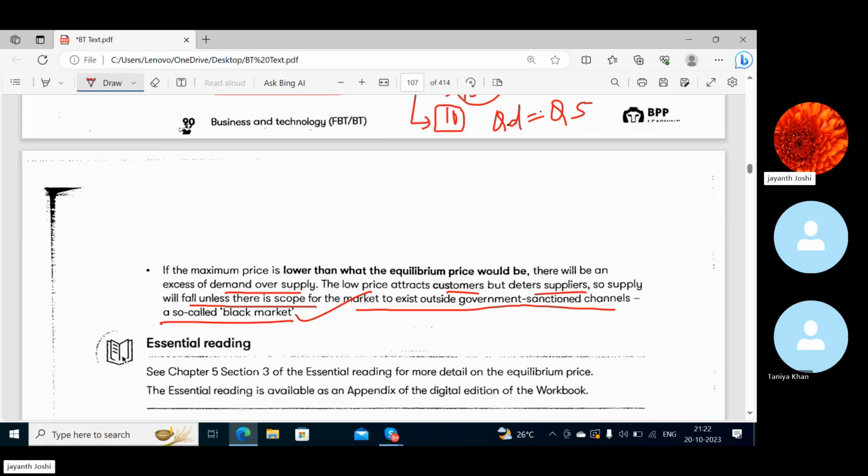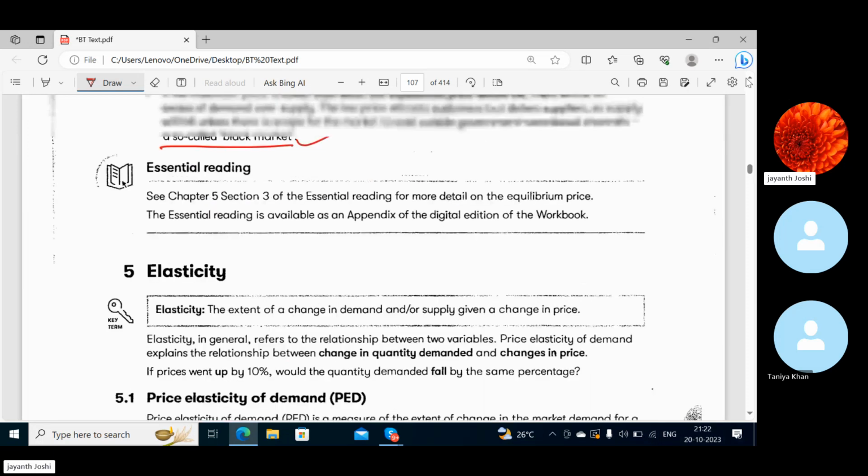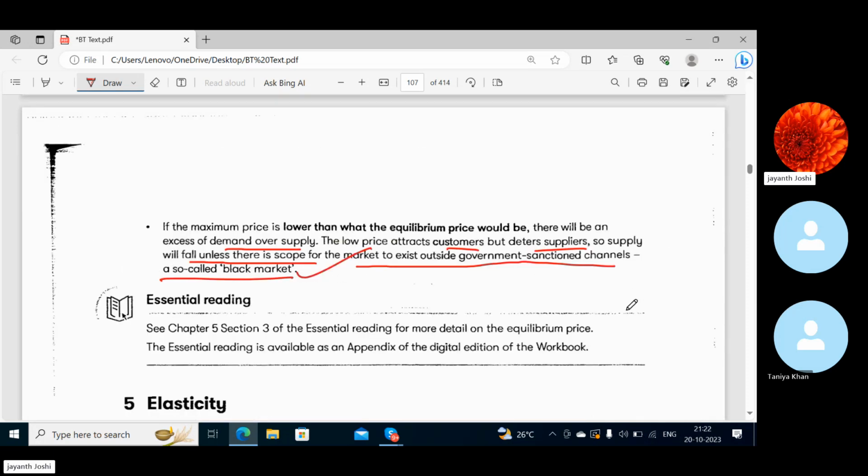That is black marketing. They will hide the product, not release it in the market, and if anyone wants it, they will say we will give you, but you should come through the back channel. Like gutka and pan masala, banned by government. They are still selling through black market at 5 times the price.